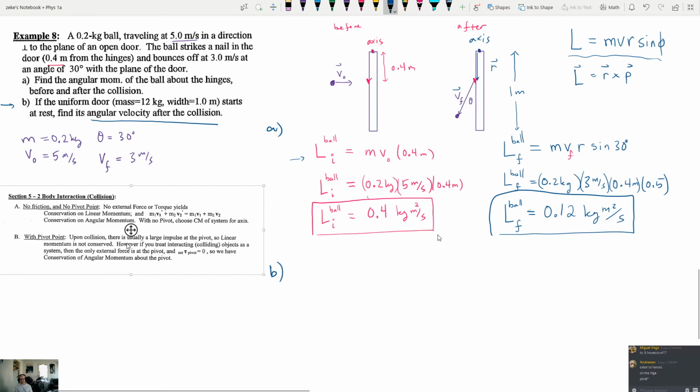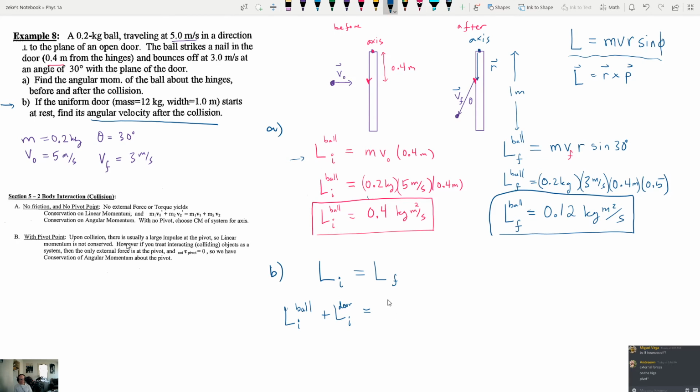All we can really say in this problem is that whatever the initial angular momentum of the entire system is, this should be equal to the final angular momentum of the system. Okay? So the initial angular momentum of the system is going to be the angular momentum of the ball plus the angular momentum of the door.